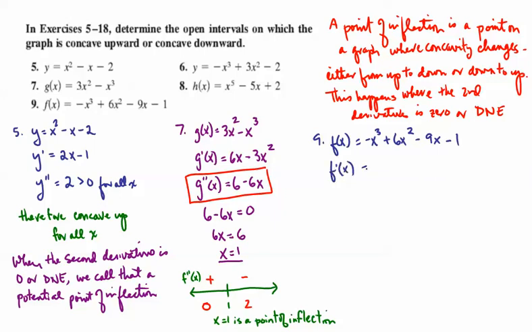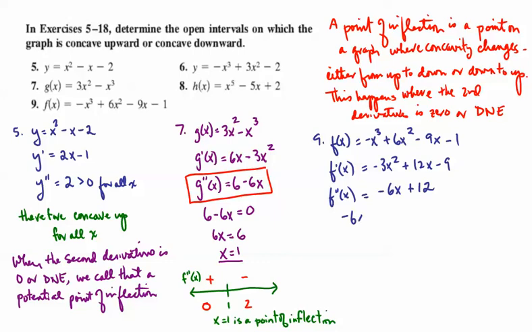F prime of x, first derivative, negative 3x squared plus 12x minus 9. Second derivative is negative 6x plus 12. And we're done with the second derivative.